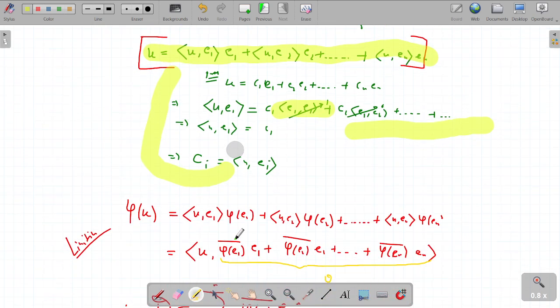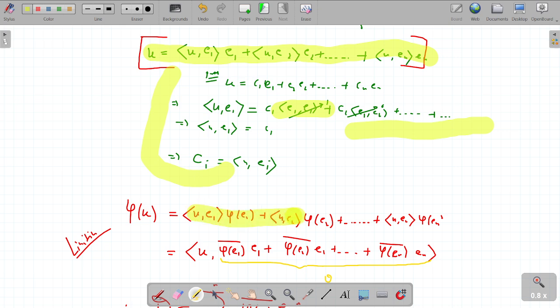Therefore, what I got is u equal to this sum: inner product of u comma e1, plus u comma e2, up to u comma en, each times the corresponding basis vector. Now I'll apply phi to both sides. So phi of u equals this sum.